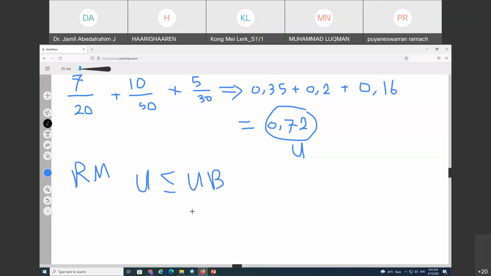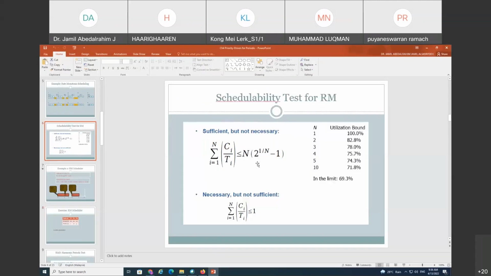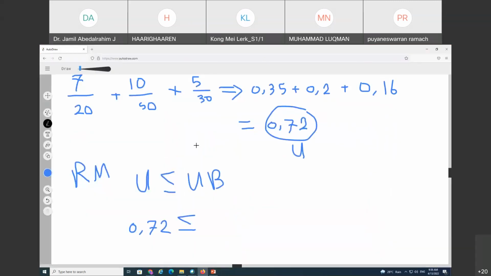So we get utilization 0.72, and the utilization bound you can find by the formula given here or this table. How many processes do we have here?